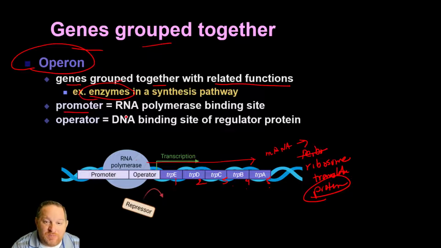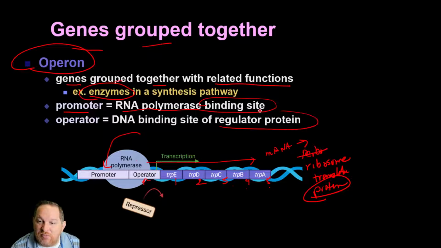Let's see what those are. A promoter is the place that RNA polymerase binds. So RNA polymerase, the enzyme, is going to come, it's going to bind to this promoter region, and then it's going to transcribe this gene into RNA, which eventually will go into proteins. The operator is where the regulatory proteins often bind. These regulatory proteins, we talked about repressors, and then sometimes inducers that will start this transcription process.